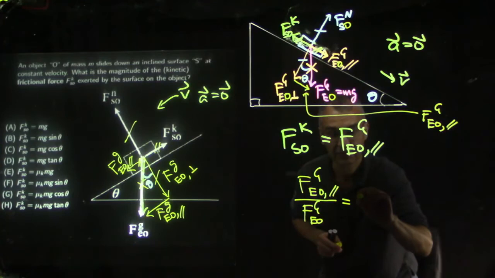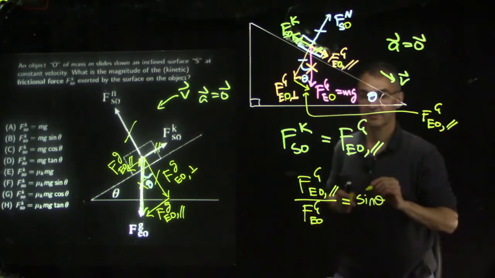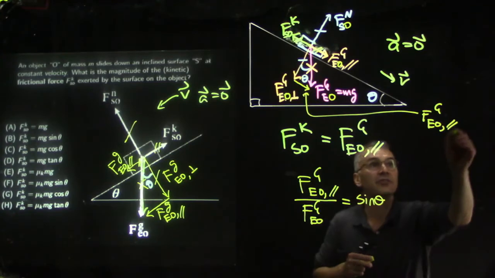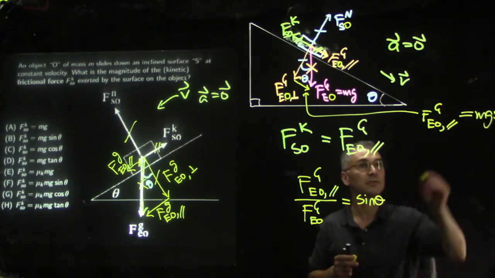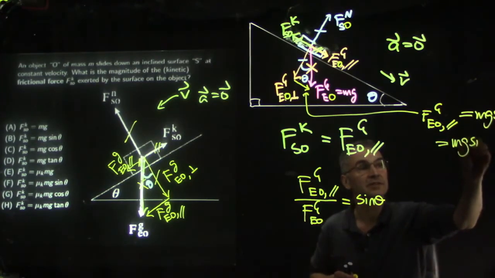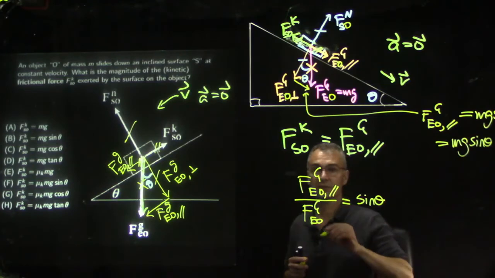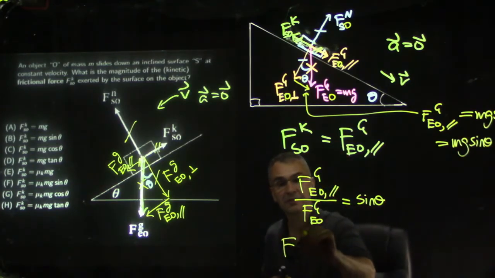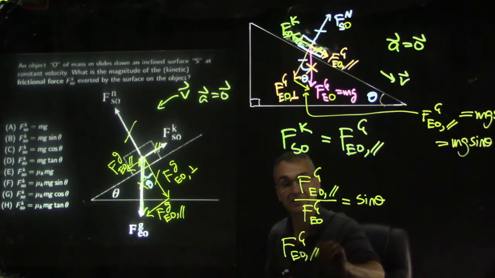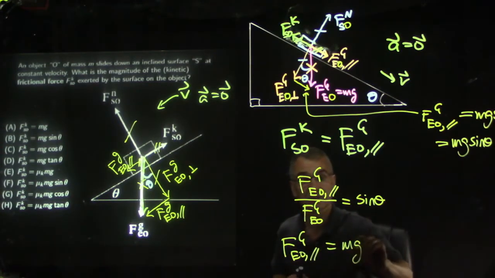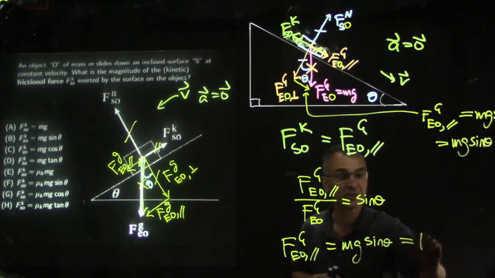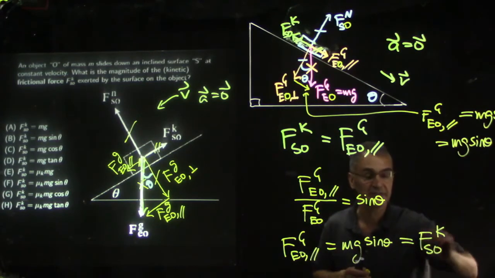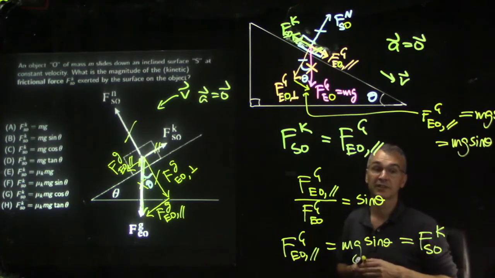So that is sine theta. So in fact, this equals mg sine theta. Okay, so the downhill component of Earth's gravitational force on the object is mg sine theta, and that's going to equal the force of kinetic friction by the surface on the object if we are at constant velocity.